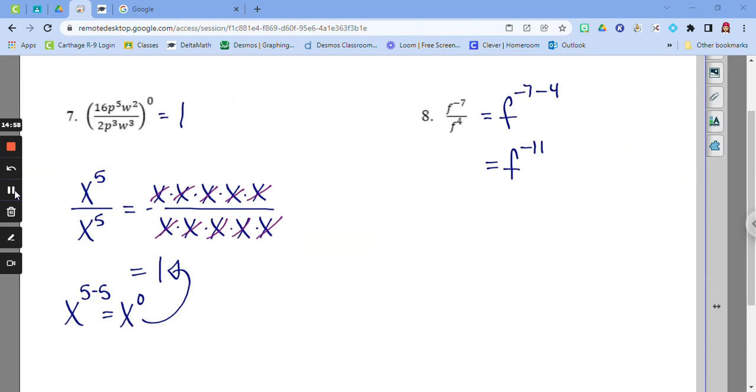The rule on exponents is we never leave them as negative. So we need to flip it. So then we move it, 1 over f to the positive 11. So even though exponents are negative there, I'm still going to use the rule that says to subtract them. Then at the end, I do what I need to do to make it positive.